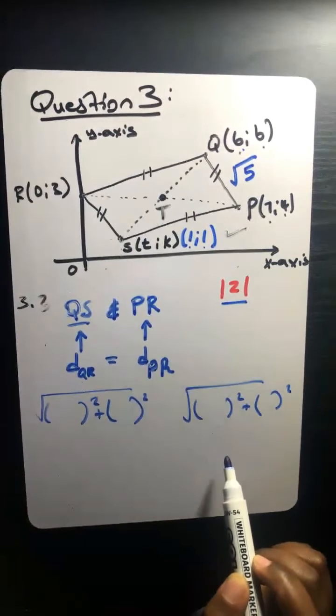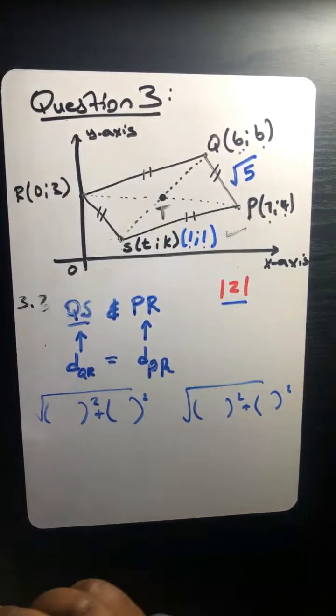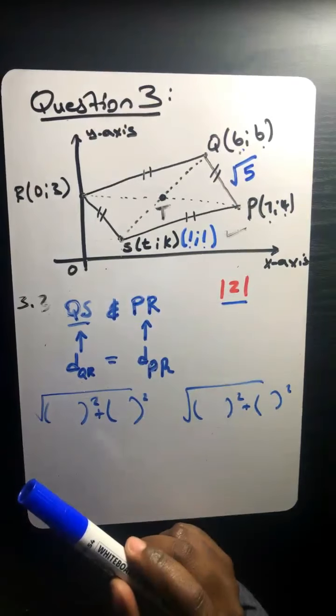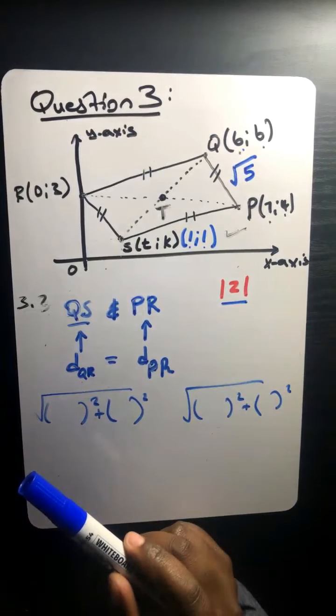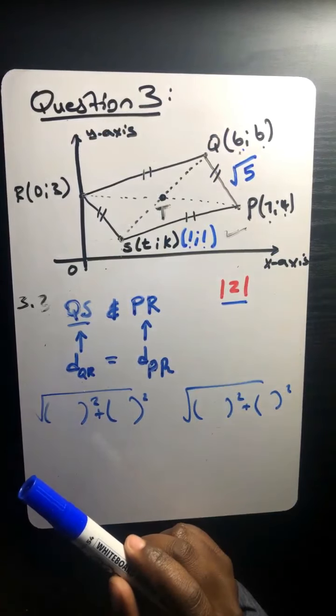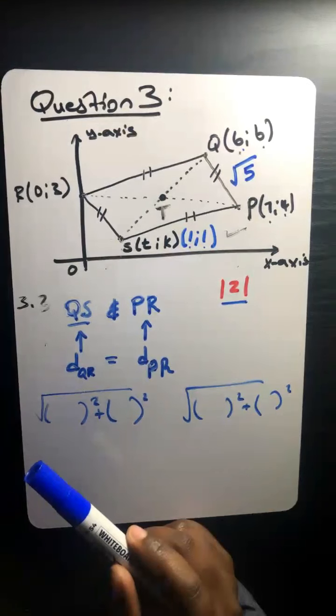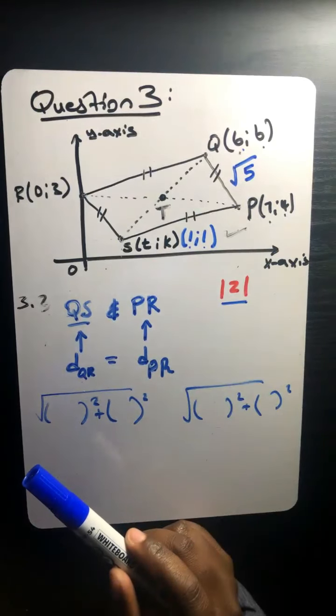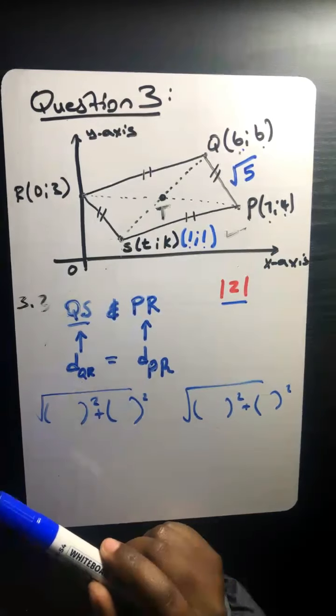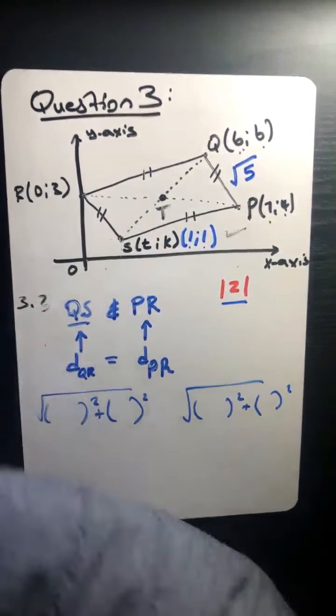Even though, Lerato, you are 100% correct. If you do that, guys, you are going to get full marks. But I think we might as well just do it, because it's going to be a good exercise.